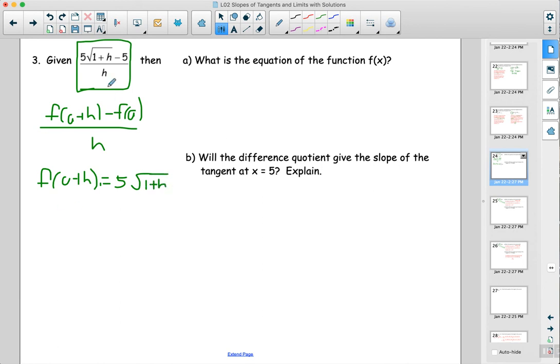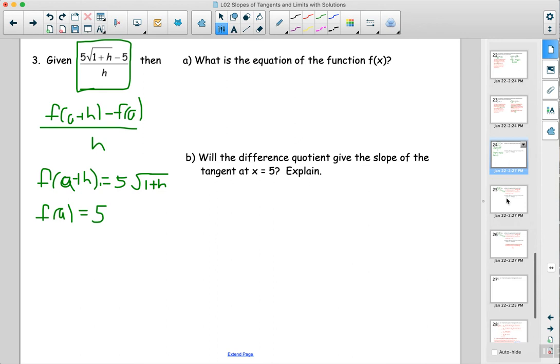And then I can also tell from the other piece that f at a should be 5. So what you're going to try to decide now is what's the equation of the function. Maybe you can start first by finding a, what is a, and then find what the equation of the function is. And again, if you want more time, you can pause.